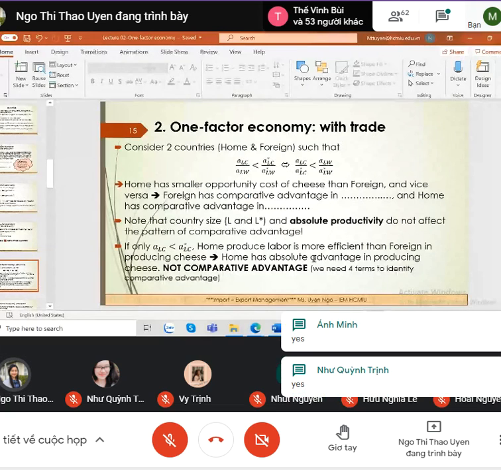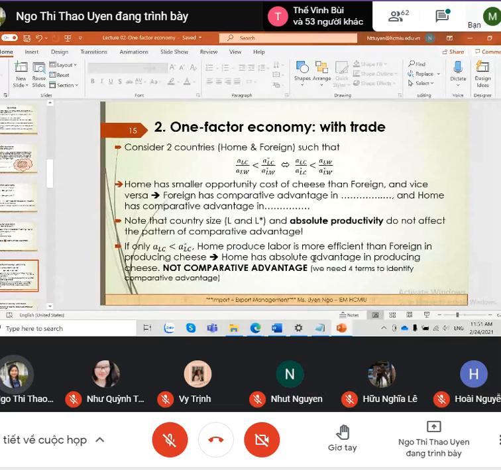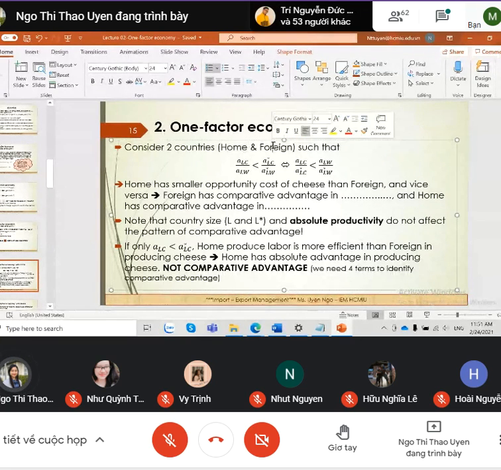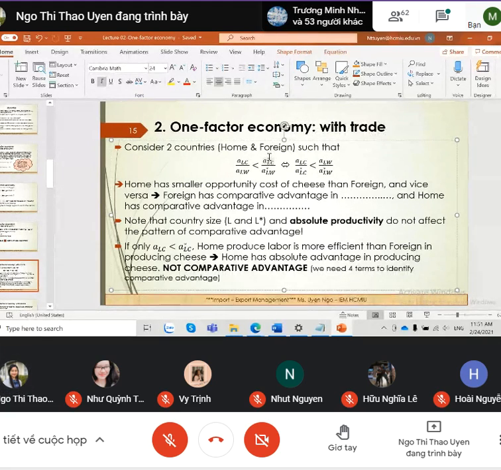So now we consider the case with two countries practicing international trade between them. We add one more country that we call foreign. Previously we had home, but now we have foreign. The notation with a star is for foreign and without a star for home.